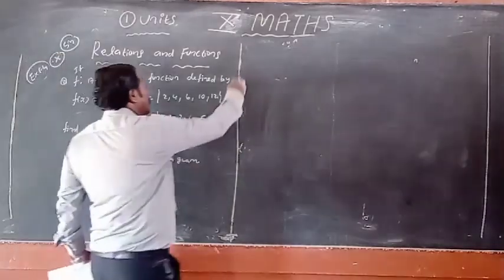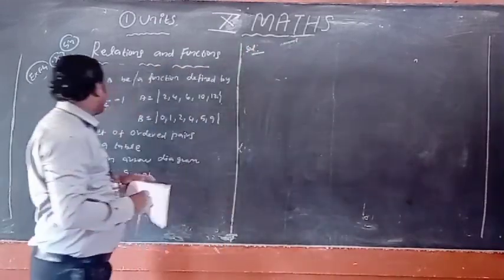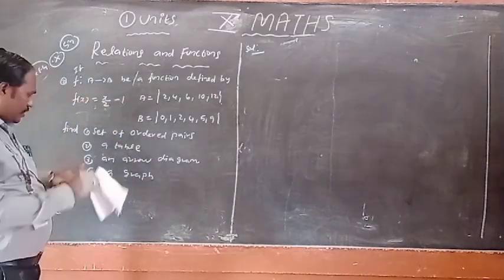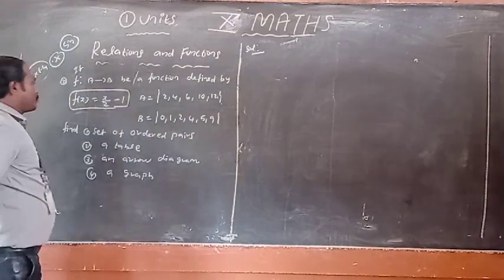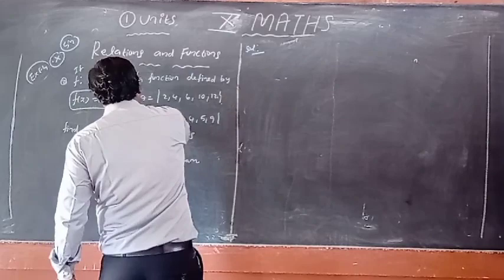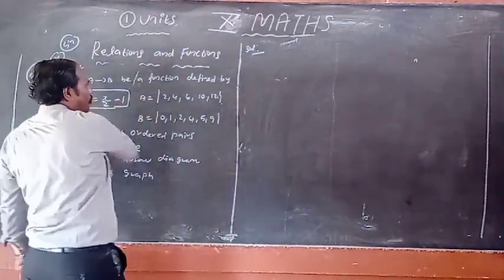Now see that. First, f is a function from A to B. A is given, B is given, and one condition is given: f of x equal to x by 2 minus 1. So x always belongs to A and y always belongs to B. Substitute only the A values.